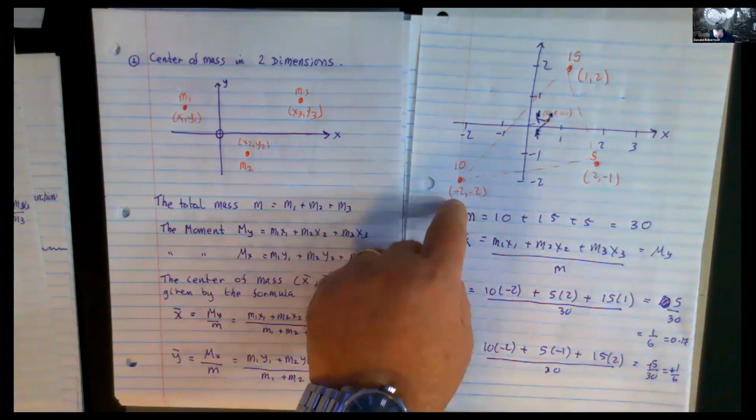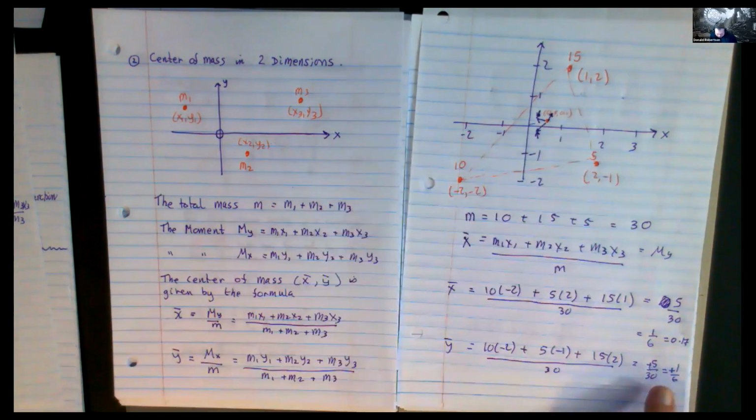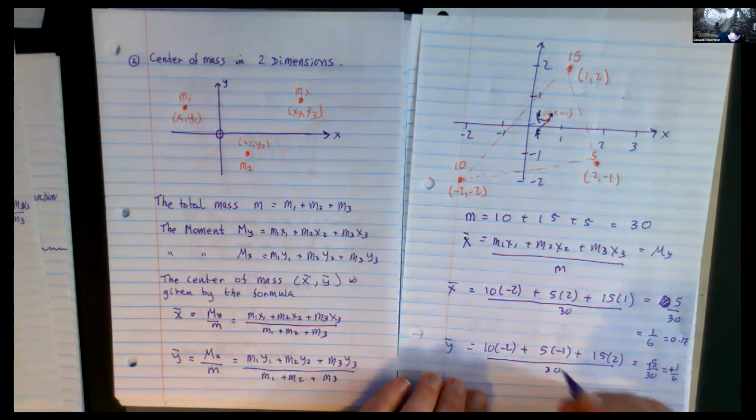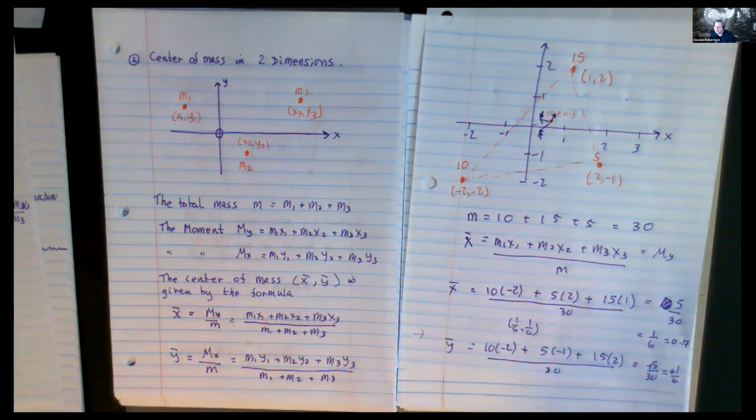If you built a triangle and you put weights on these three sides, then at this location here, at 1/6, if you put your finger on it, you would actually be balancing that very precarious triangle with weights on it, theoretically at least.